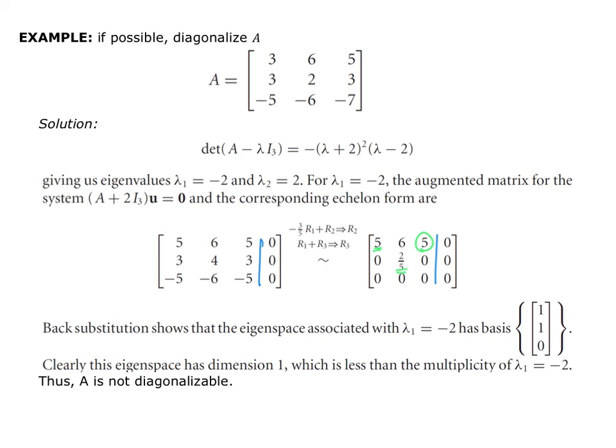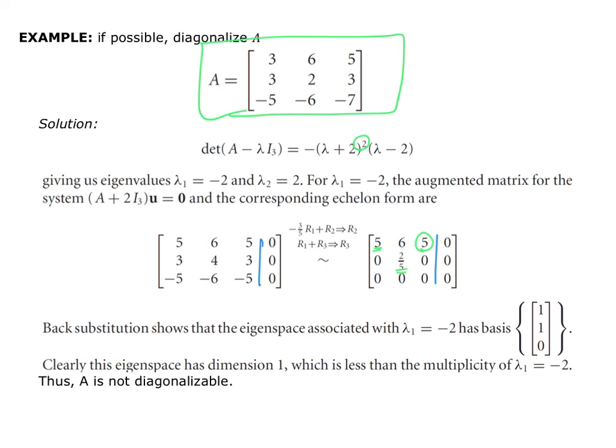But because the multiplicity is equal to 2, I should have gotten 2 eigenvectors within my basis. And that didn't happen. Because that didn't happen, by my previous theorem, I know that this matrix A is not diagonalizable.